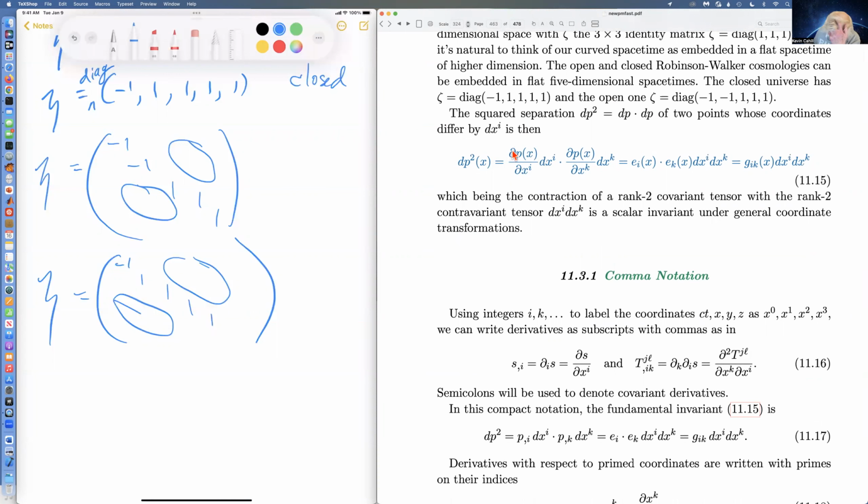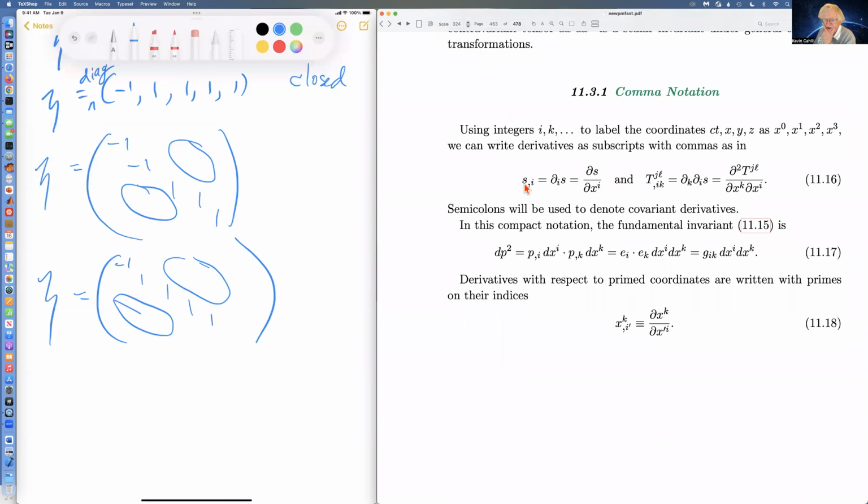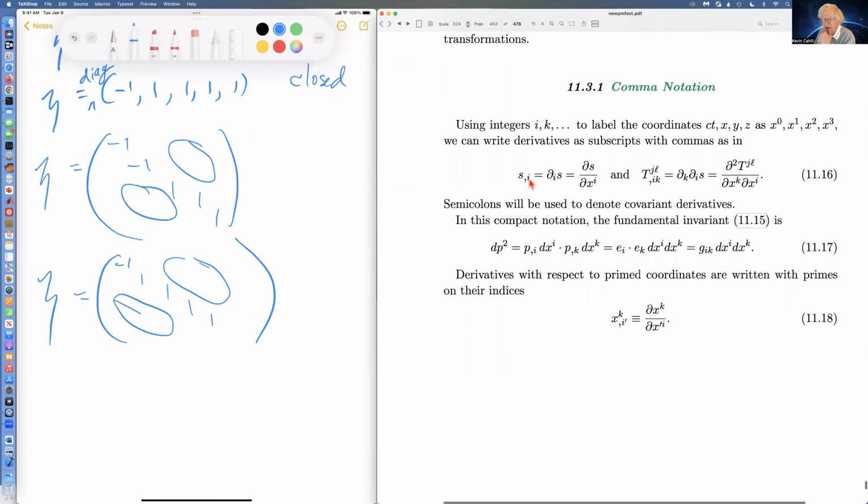We're always writing partial derivatives in general relativity, so having a better notation is useful. The notation S comma I is meant to be the partial derivative with respect to SI. It looks like this.